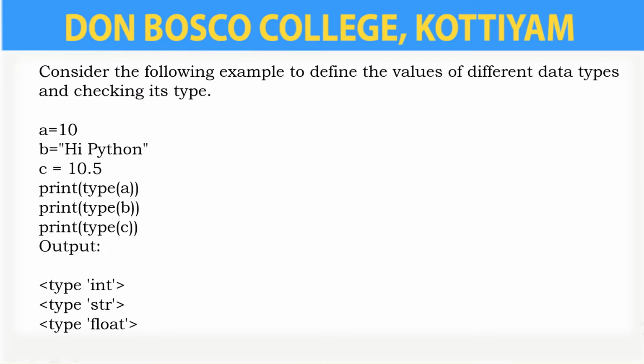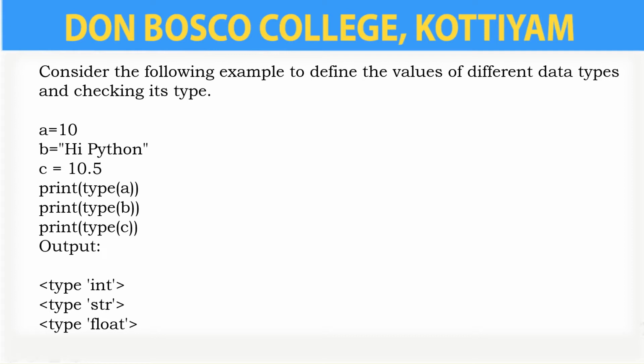Here we have an example to demonstrate the function type of. Here the statement a is equal to 10 initializes an integer value to the variable a. Then b is equal to, inside the double quotes, hi Python.